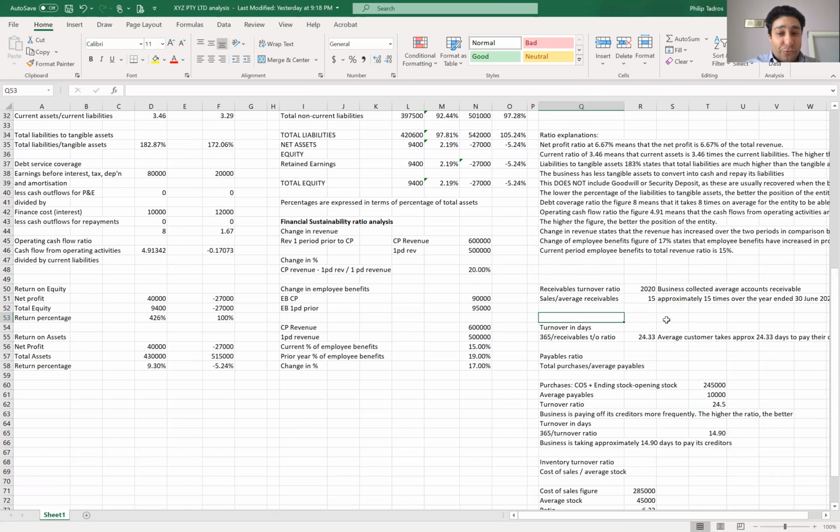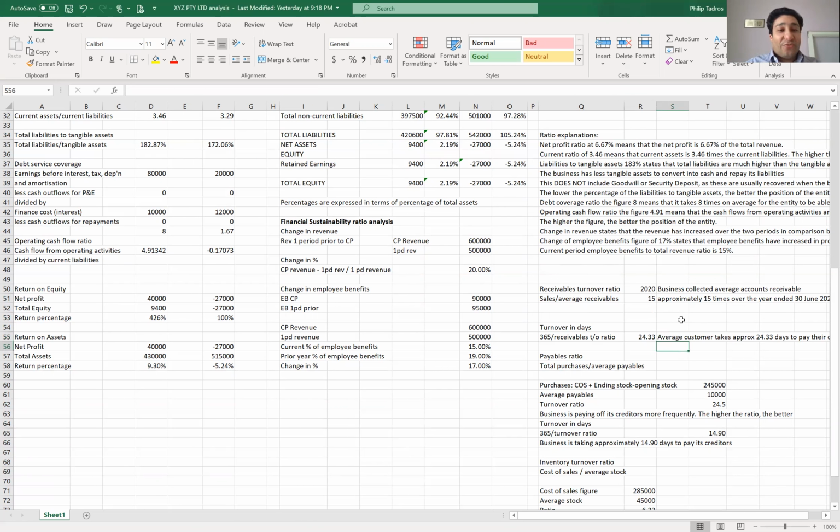You can convert this ratio in terms of days. So basically it's 365 divided by that receivables turnover ratio. So it's 24.33. So that means the average customer of your business takes approximately 24.33 days to pay their debts.